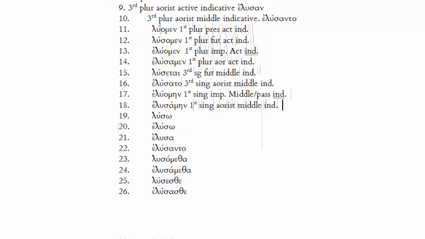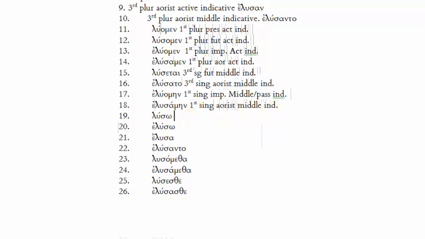Okay, could it be passive? No. That's strictly middle for the aorist. Okay, so far we've seen that only the present and the imperfect have an ambiguous middle or passive form. Okay, for the future and for the aorist, they're two different forms. Okay, so there's no way of confusing them.